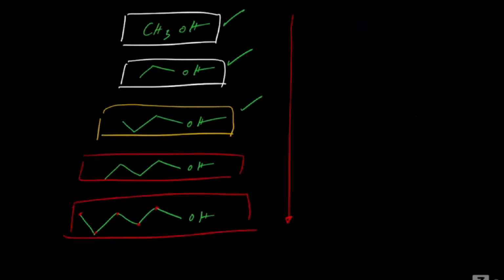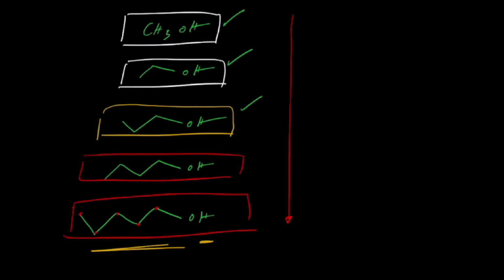So when I come from methanol to ethanol to propanol to butanol to pentanol, the non-polar part is increasing. So this is non-polar part. This is non-polar part, and this is the part that is polar or that is forming hydrogen bond.